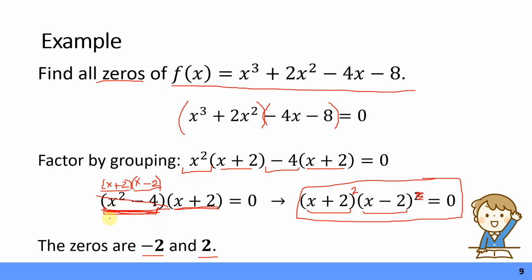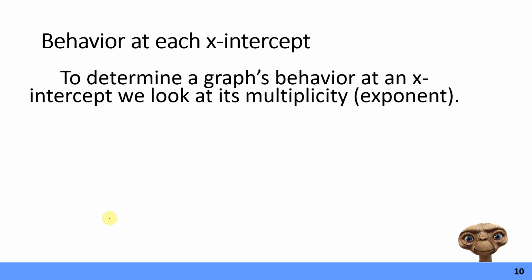All right, so now that we know how to find our x-intercepts, because again, that's what we did on the last slide. When you're talking about roots or finding zeros, it's the same thing as finding x-intercepts. Now, once you know how to find your x-intercepts, you could also find the behavior. We already talked about end behavior, which tells you how the graph behaves at the very ends, right? What happens to the left?